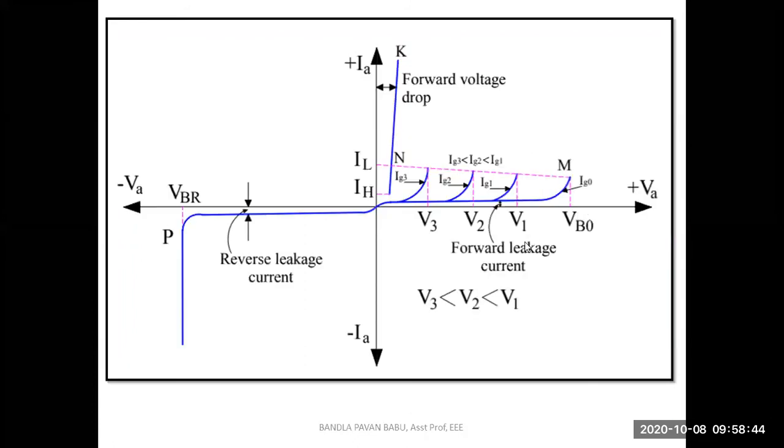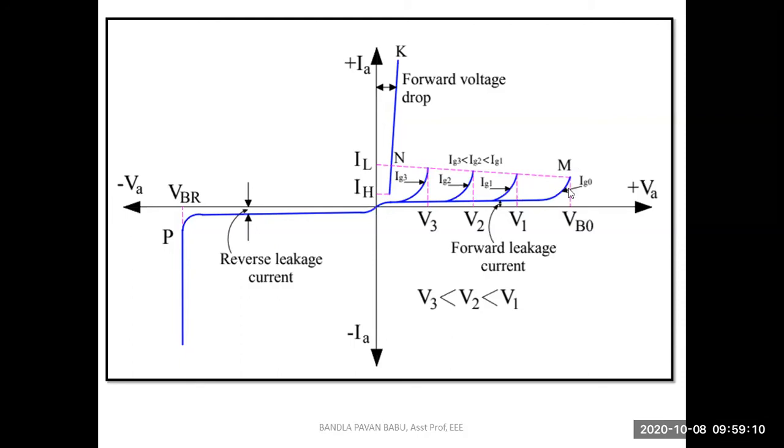Now I will explain these points using the VI characteristics again. Look here. When I start with the minimum gate current, the anode-cathode voltage is higher. Consider that it has reached the maximum forward breakover voltage.